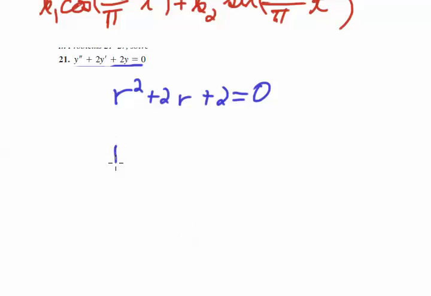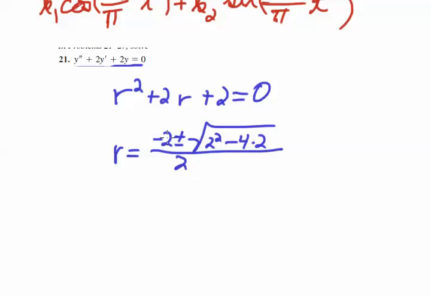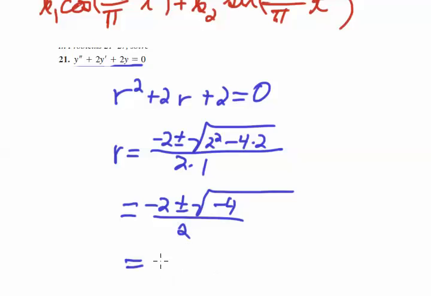And we'll use r equals negative 2 plus or minus square root of 2 squared minus 4 times 2, all over 2 times 1. This is 4 minus 8, which is negative 4, over 2. So it's equal to negative 1 plus or minus i.